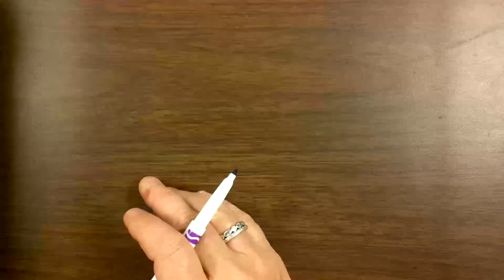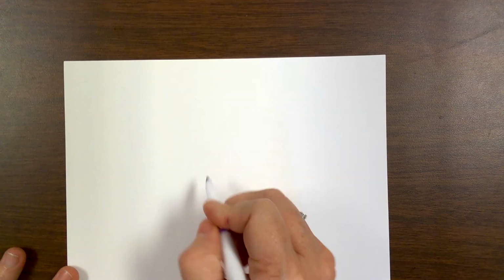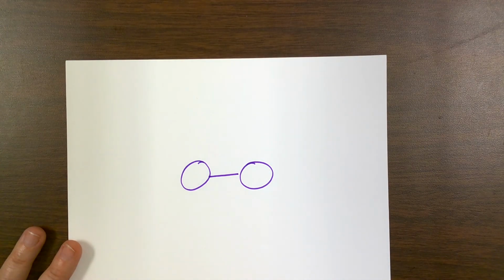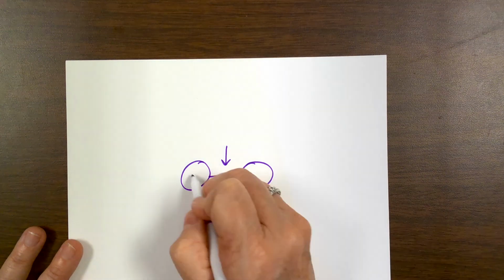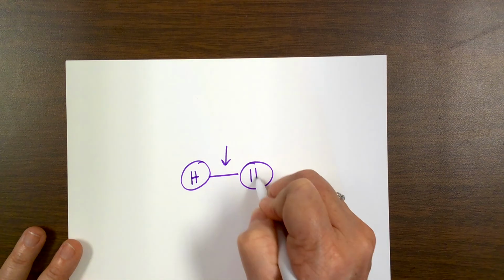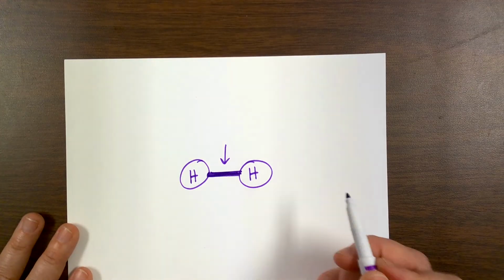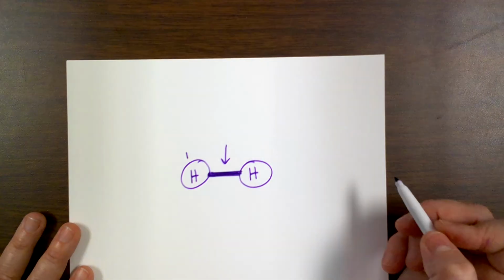All right, last thing we're going to talk about here, and then we'll have a little unit on water, is single bonds and double bonds. So when I draw something like this, this shows that there's a single bond between these two atoms. Hydrogen and hydrogen are bonding, sharing a covalent bond, because if you look at the periodic table, hydrogen has 1 valence electron.